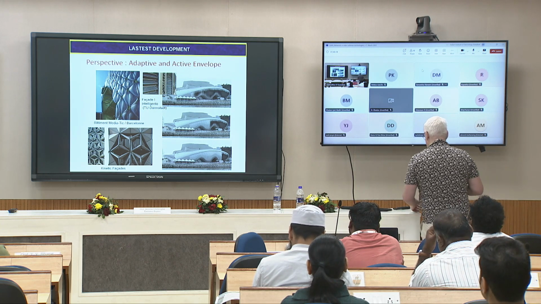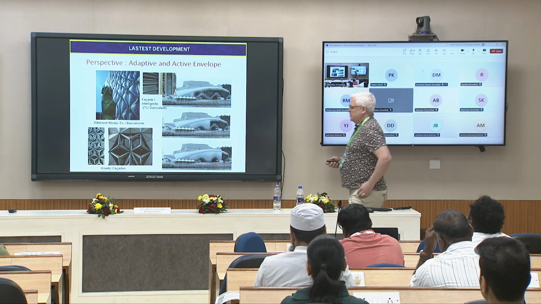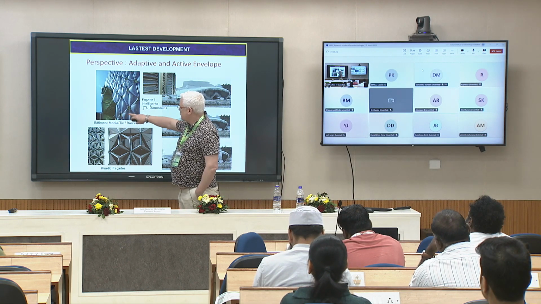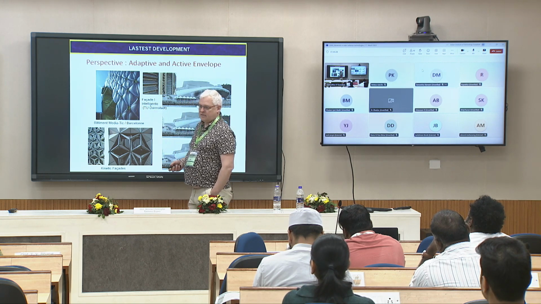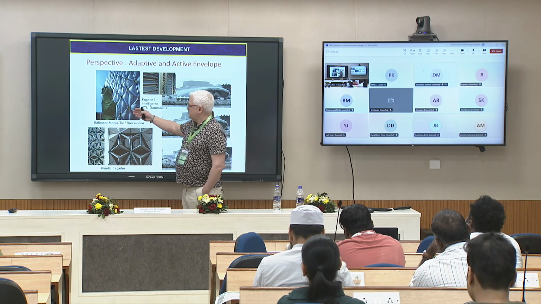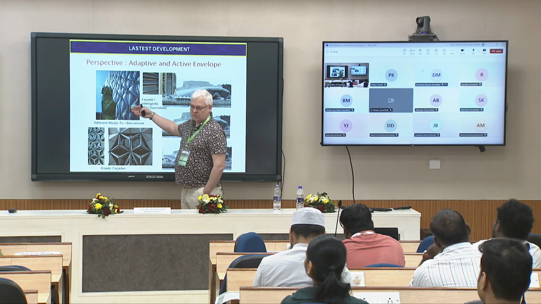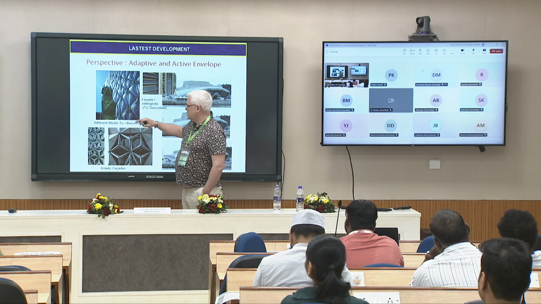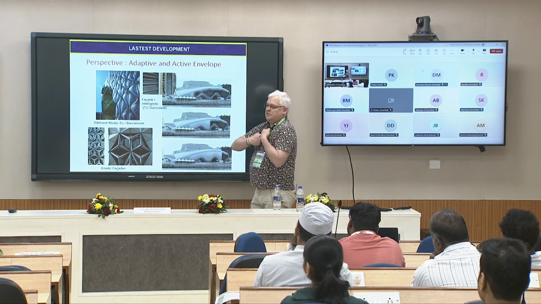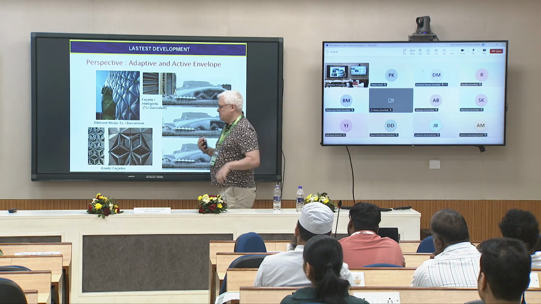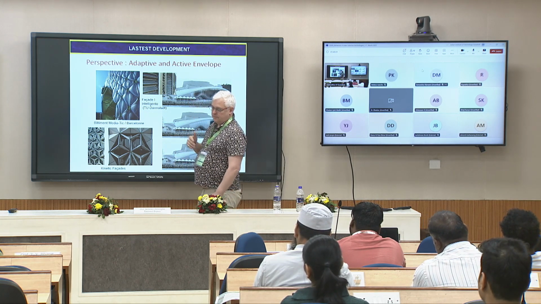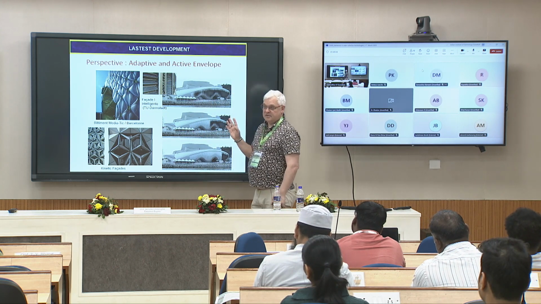So this is not us, but it is an application. Here, you can see something that looks like an air balloon. For example, when it's like this, it is a good insulation. If during summertime you want to get rid of this big coating that keeps the heat inside, you can imagine to deflate this balloon.